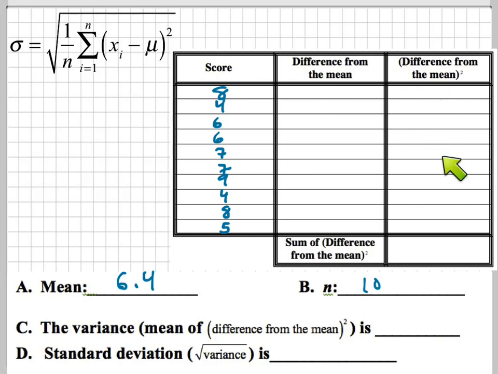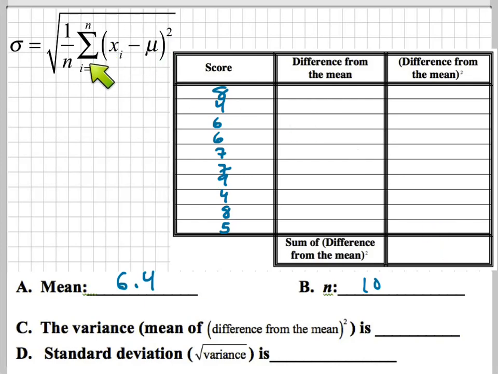That's all the numbers that are over here. So all you did was subtract the mean from that, and then square it. Everything over here has been squared, so it should be positive, because whenever you square a negative number, it becomes positive. So it doesn't matter which number you put first when you find this difference, because you're going to square the number anyway. You're all going to get the same number squared.